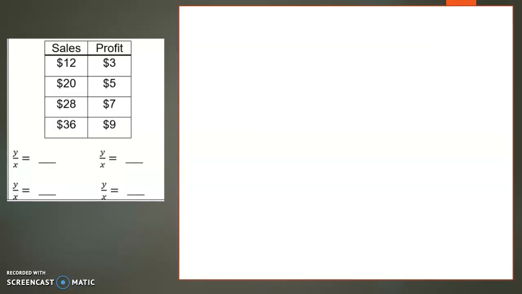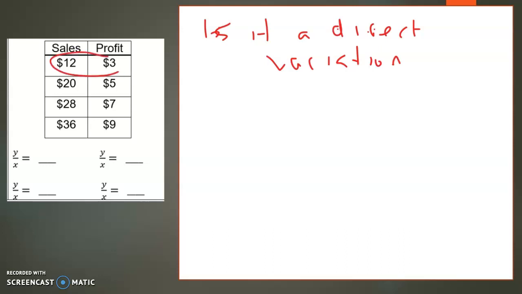If you have a table like that and it asks, is it a direct variation? What you are going to do is look at the table and take every data point. So this data point, you go 3 over 12, and that is 1/4 simplified.